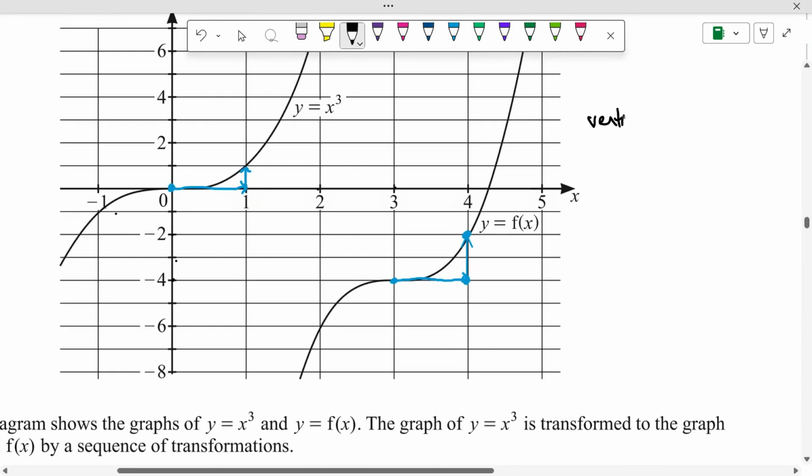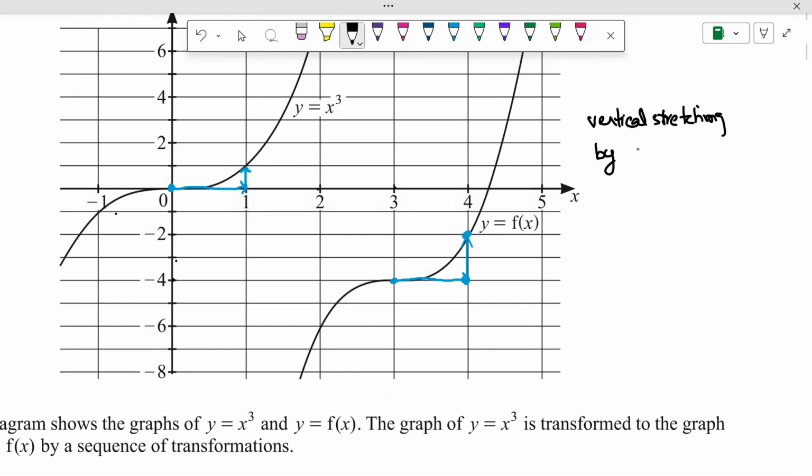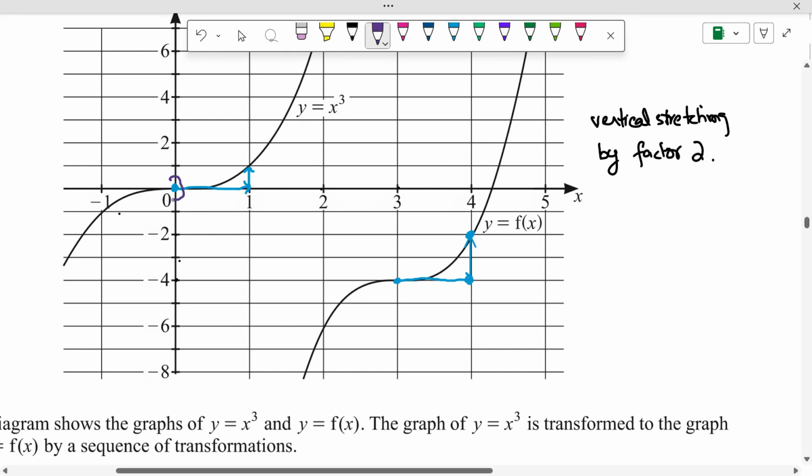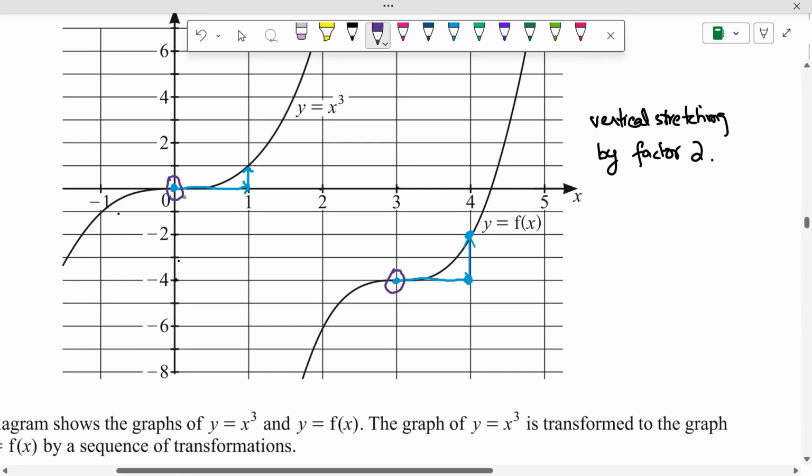Vertical stretching by factor 2. Now, this point has been transformed to this point. So we need to find how many units it has been transformed in the x-axis and y-axis. First, in the x-axis: 1, 2, 3.